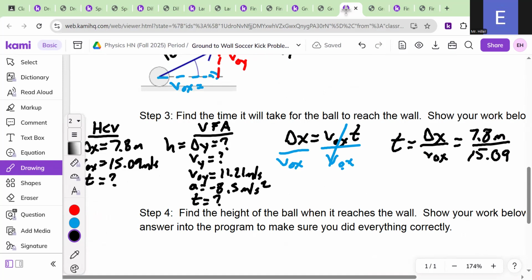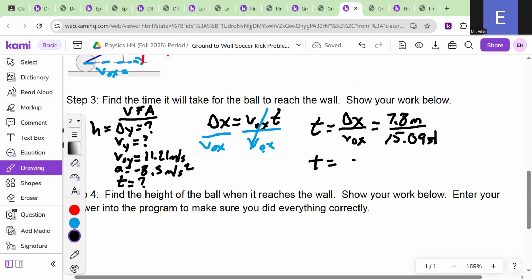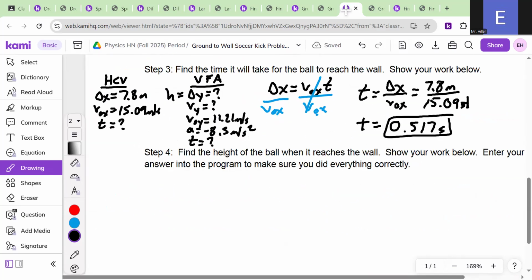In my case, it's 15.09 meters per second. Go ahead and calculate your time. I'll calculate mine. I'm getting a value of about 0.517 seconds.